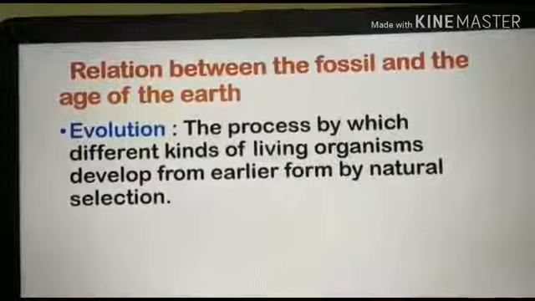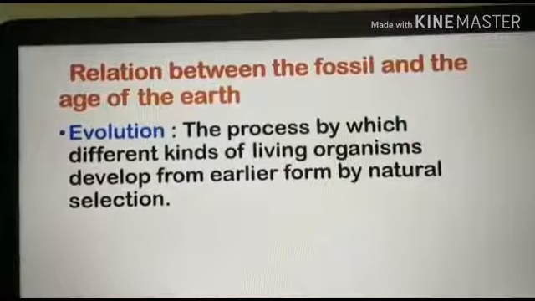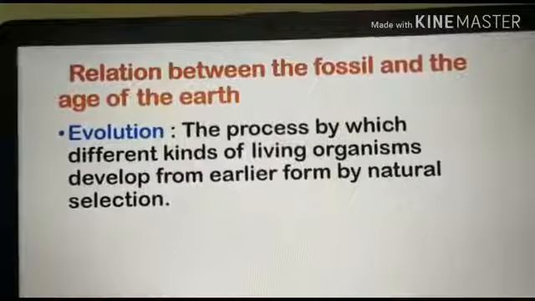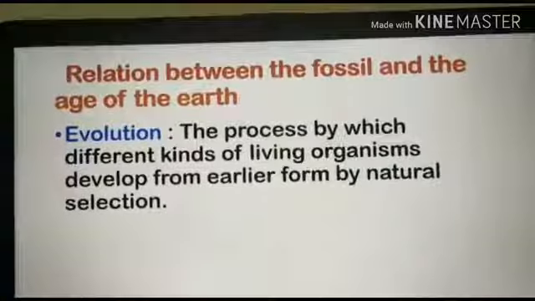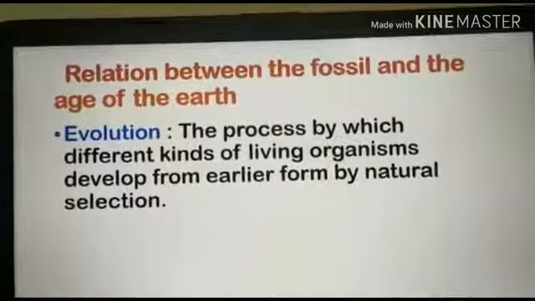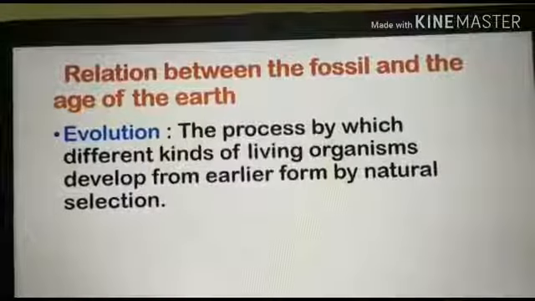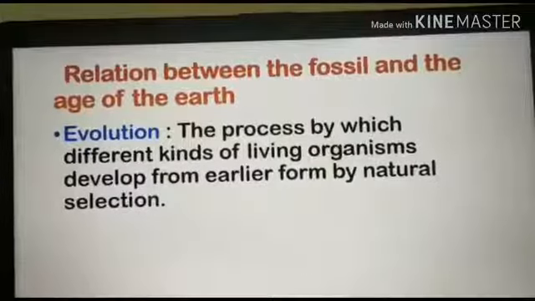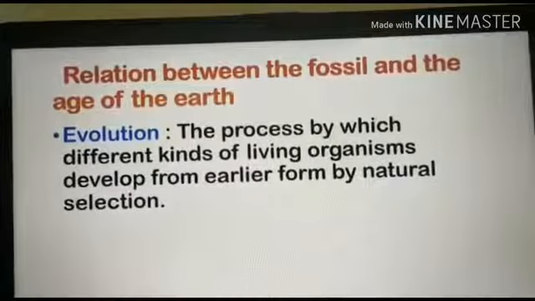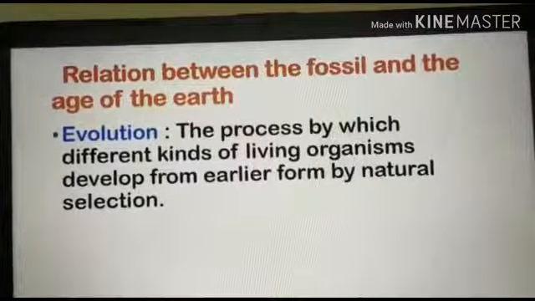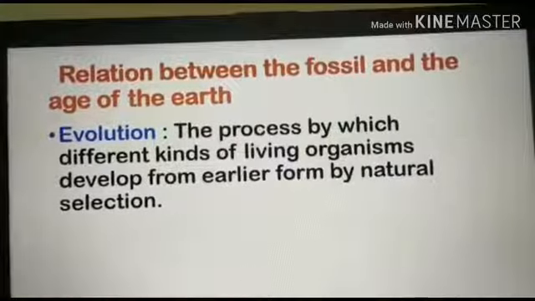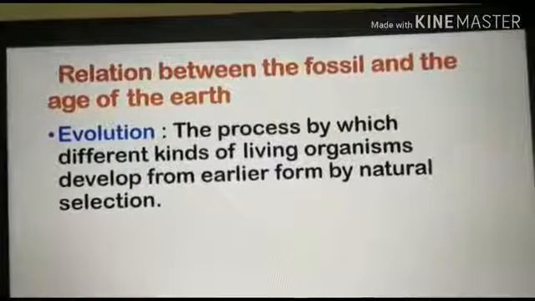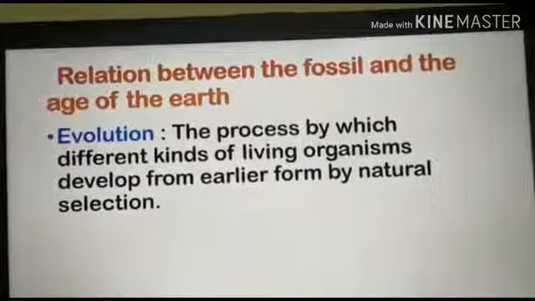The process by which different kinds of living organisms develop from earlier forms by natural selection is called evolution. This process is called evolution. Because at that time the climate and the living habitat, everything was different, the living organisms underwent different changes. It is a long process. It will take millions of years.